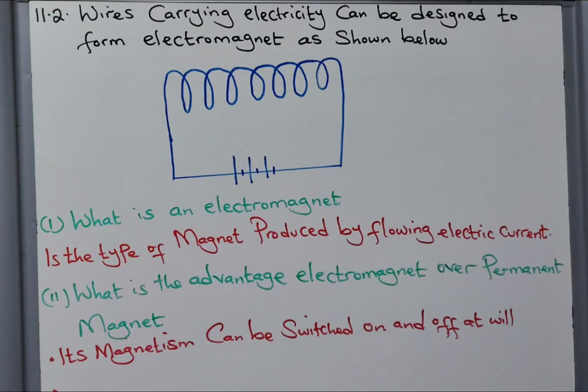The next advantage is that the size of magnetism can easily be changed. Remember, our permanent magnet is not very easy to change to make it stronger or weaker. For electromagnet, you can increase current and make the magnetism stronger, or you can decrease current and make the magnetism weaker. So it's adjustable, unlike permanent magnet.